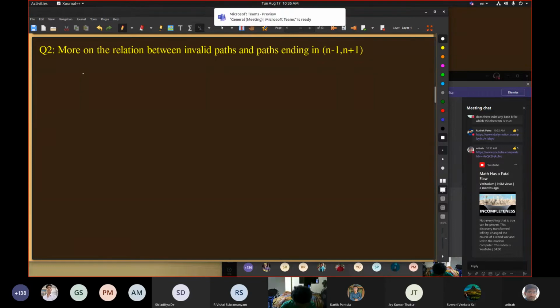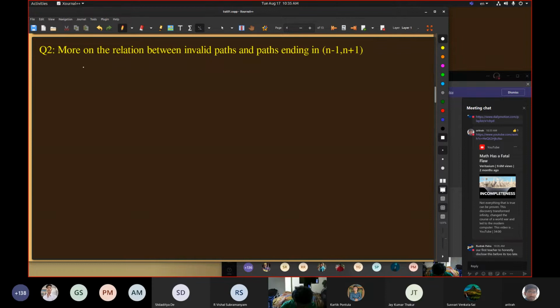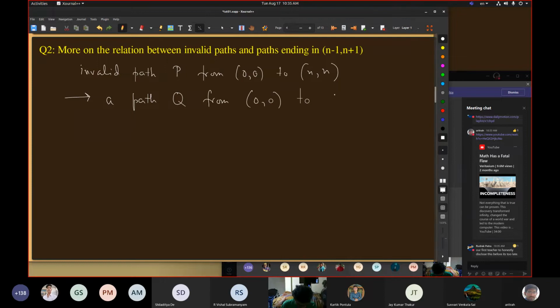What we have seen is that we started with an invalid path P from (0, 0) to (n, n). From this we produce a path Q from (0, 0) to (n minus 1, n plus 1).